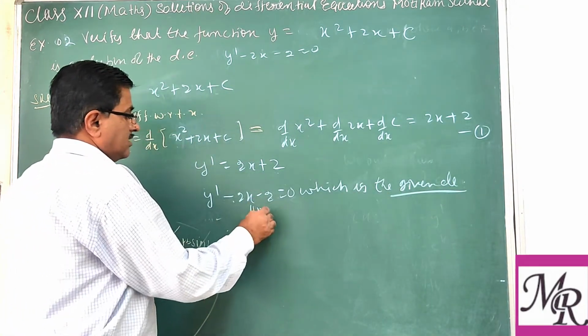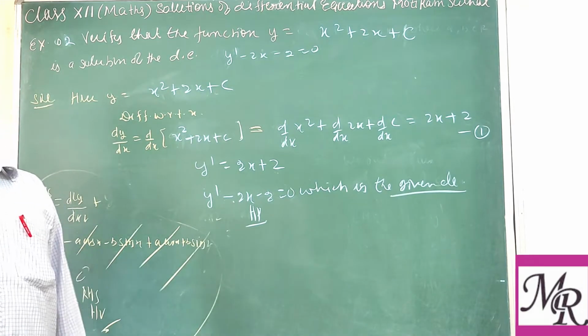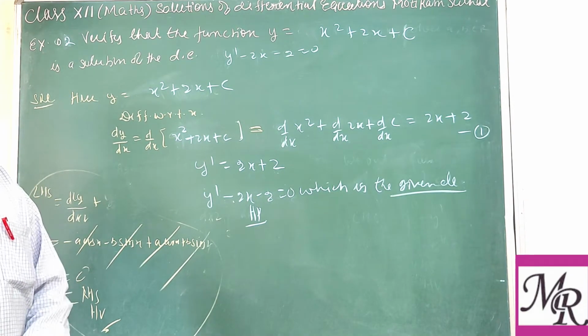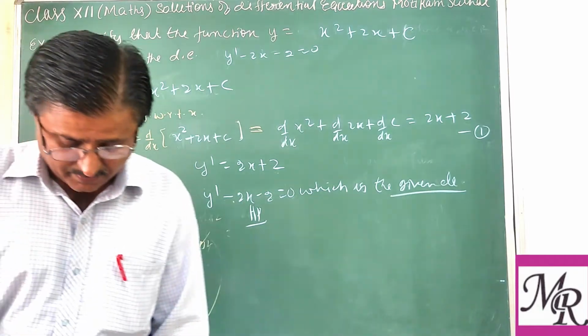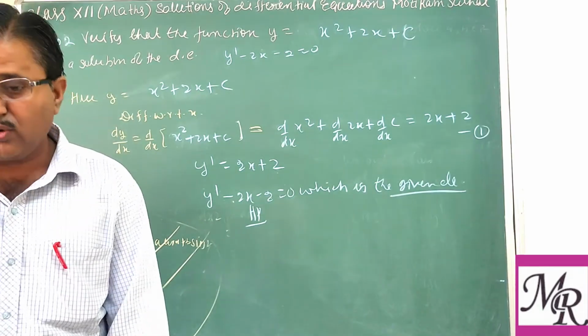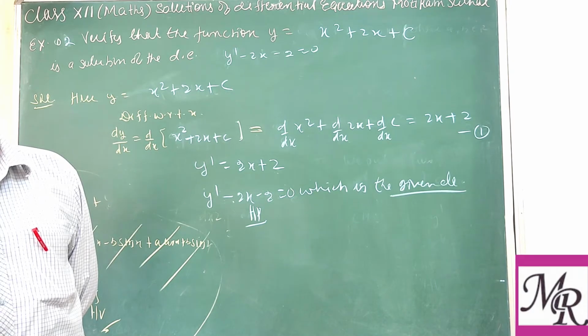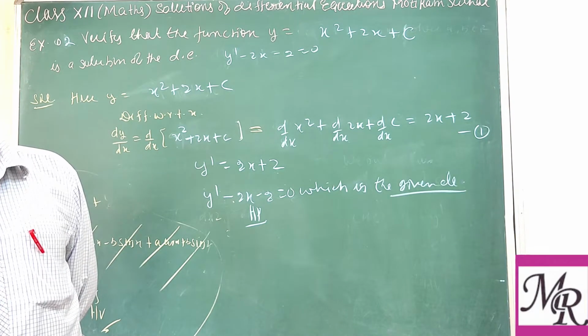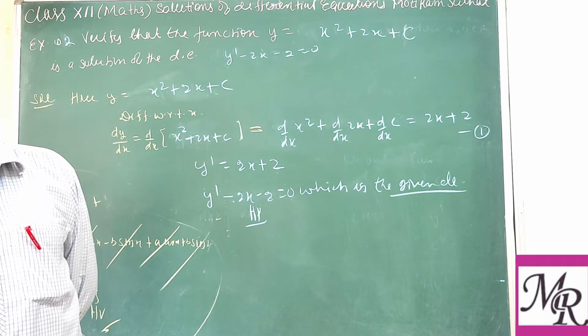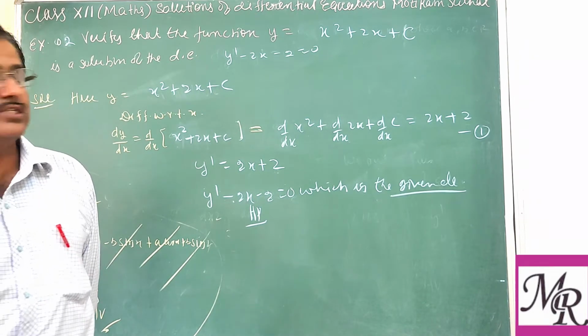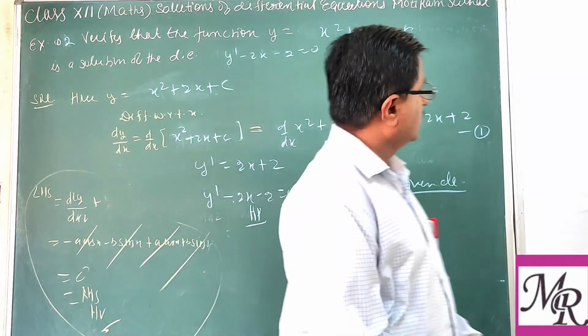So as proved. So in this way, one can prove whether the given curve is a solution of the given differential equation or not. Clear? So this is all about today's class. So thanks for watching.